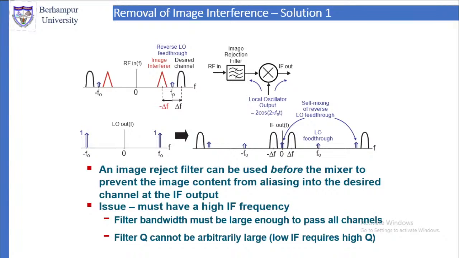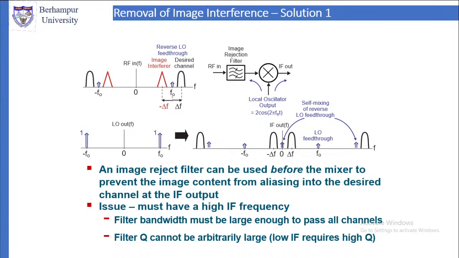First you consider the LO feed through. LO feed through will be at F0. Since LO feed through is at F0, when you are doing the mixing, that F0 will be translated by an amount of F0 to the right and by an amount of F0 to the left.